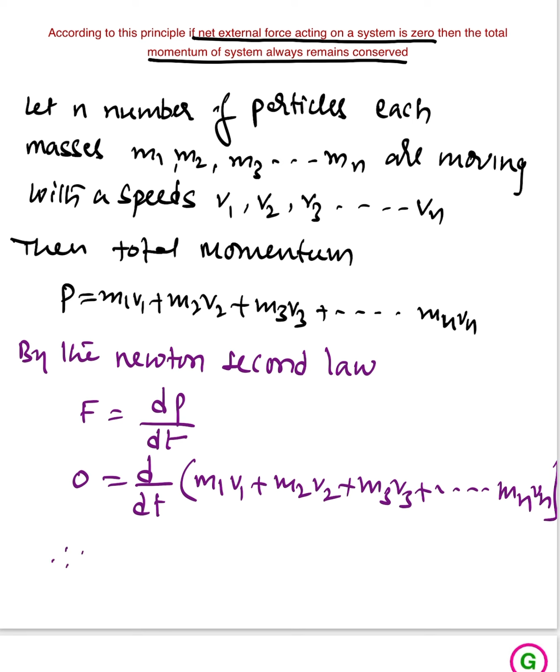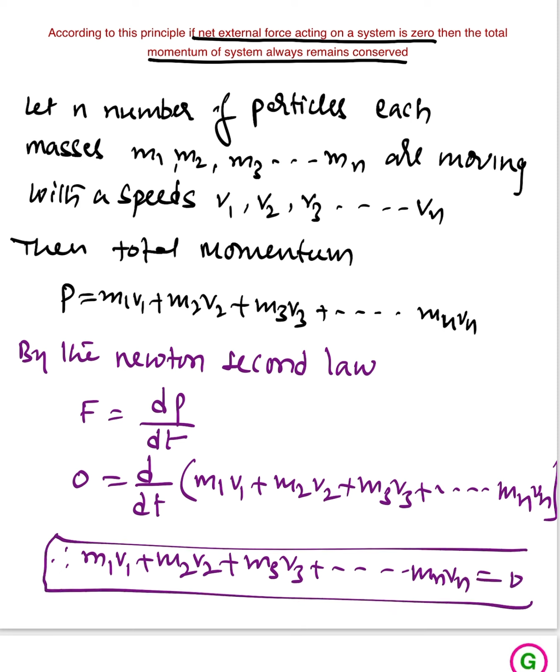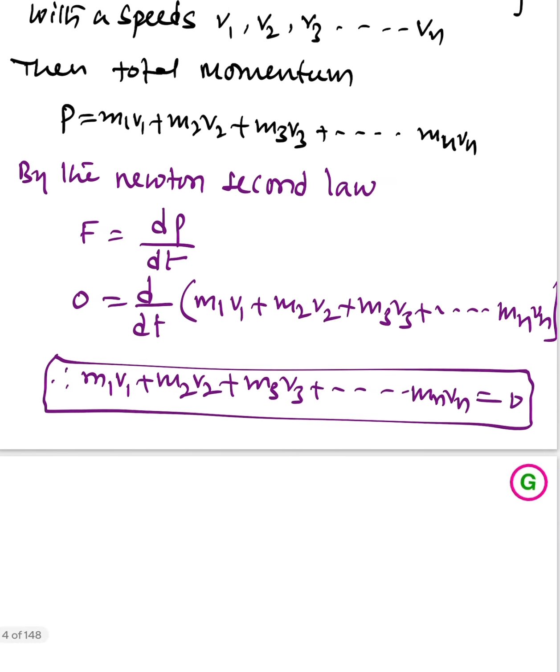So m1 v1 plus m2 v2 plus m3 v3 and so on up to mn vn is constant, equal to 0 change. From this statement, the total momentum remains conserved.